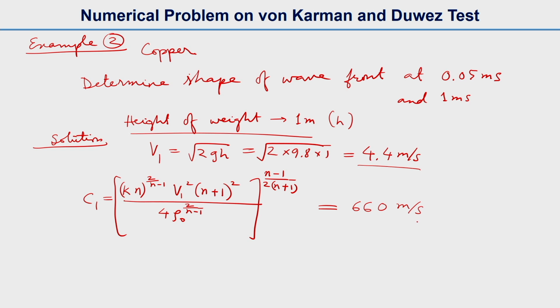660 meter per second is a very high velocity that we know the wire will not withstand. Why? Because the maximum C1 that corresponds to necking, which we found in the earlier problem, is C1 equal to 164.1 meter per second. So in this problem the wire will break, or the wire cannot withstand such a high plastic wave velocity.